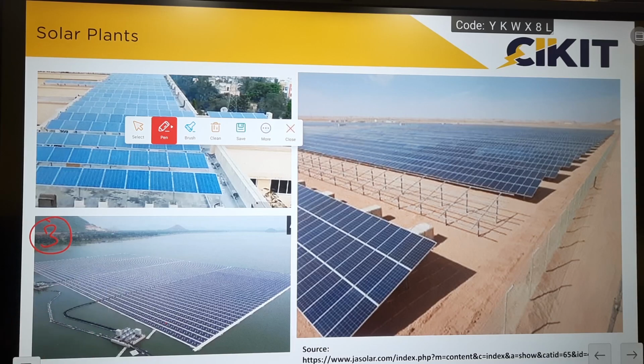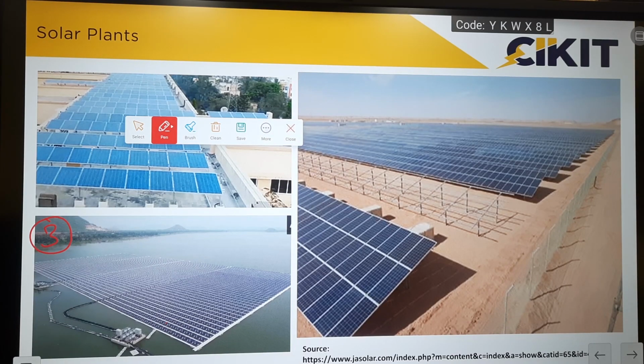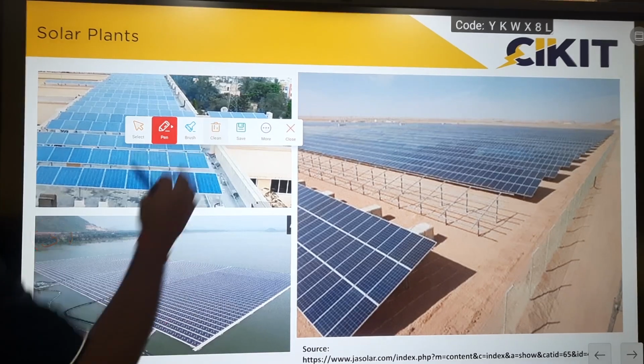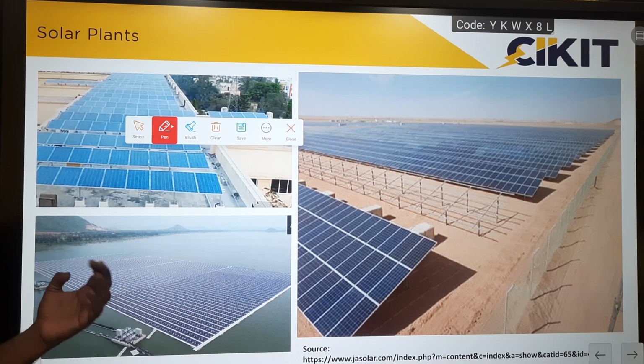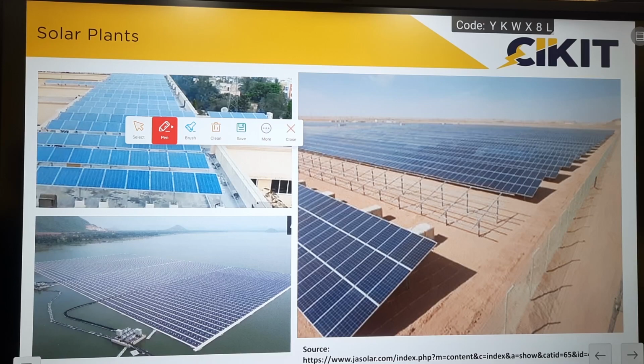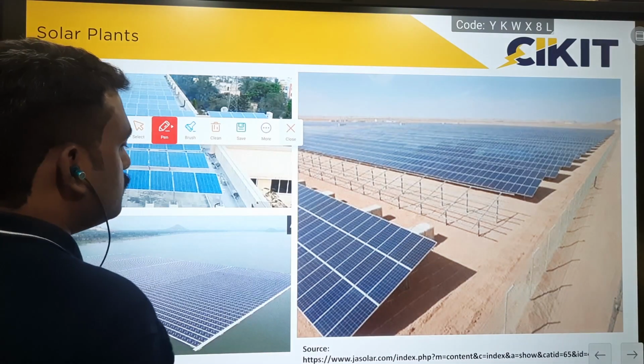So in order to provide protection, we need to properly design and execute a sufficient lightning protection system to avoid the damages. In this webinar, we will be discussing what are all the different methodologies that we can use and how we can install these air terminals for these kinds of solar installations, for ground mounted, for rooftop, as well as the floating solar arrangements.